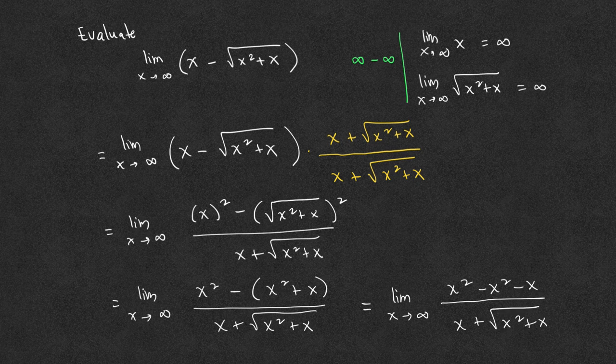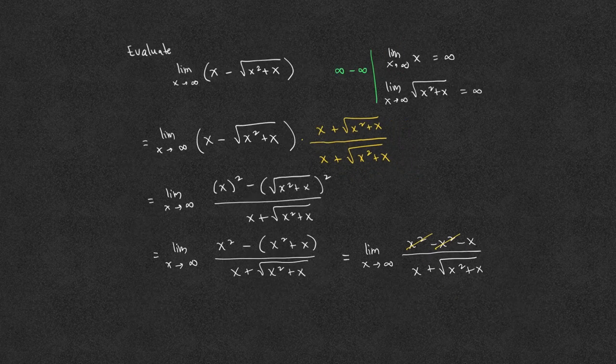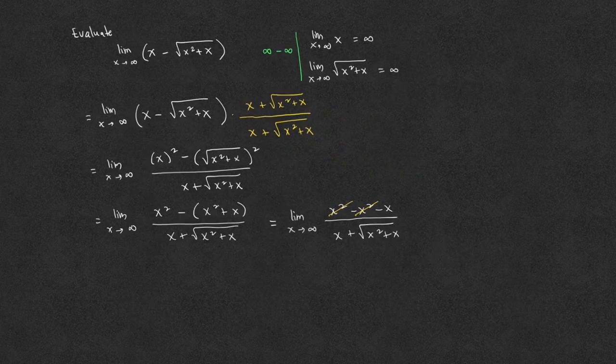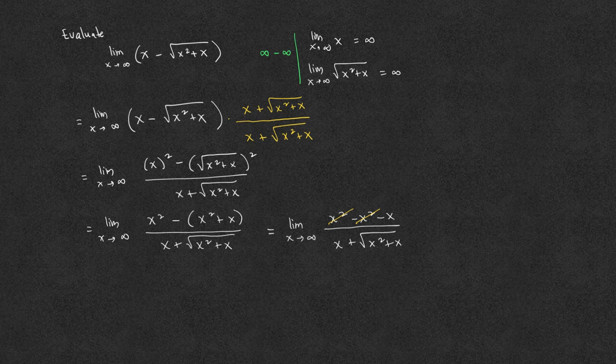In the numerator, x squared minus x squared cancels out, and we treat this as a new limit. This might or might not need L'Hopital's rule. We haven't used L'Hopital's rule yet, but let's see. In this limit as x goes to infinity, the numerator is negative x, and the denominator is x plus the square root of x squared plus x.